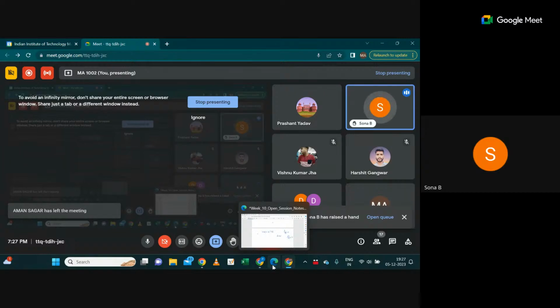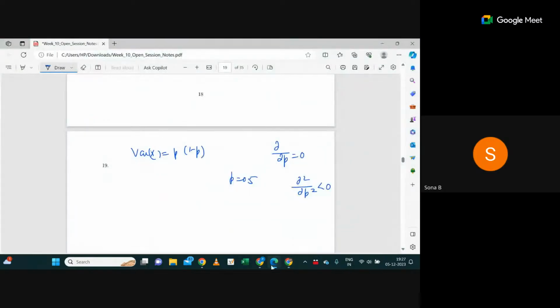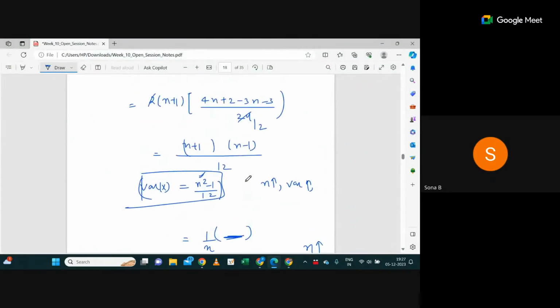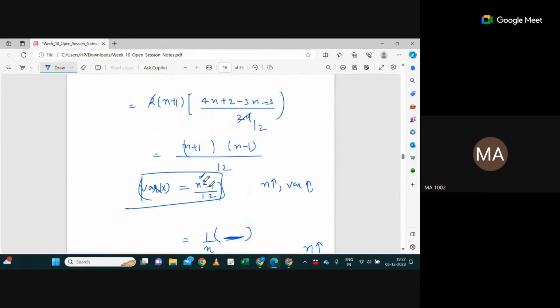Yeah, sir. Can you repeat the previous slide's concept? Okay, so if you see, variance here is n square minus 1 divided by 12, so n is in the numerator part, right? If you increase n, for example n is 6, it will be 36 minus 1 divided by 12, that is 35 divided by 12.